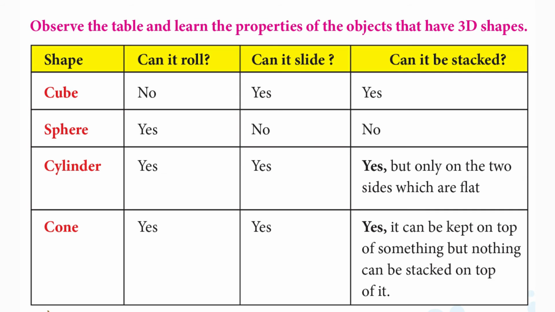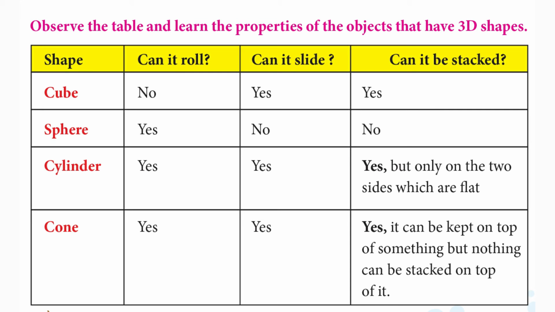Yes. Ball, that is a sphere, example is a ball that we saw, a cricket ball or a football or a basketball, or a tennis ball. So can it roll? Yes. Can it slide? No, because it does not have a flat surface. Can it be stacked? Not at all, because it has a curved face and it cannot be stacked.